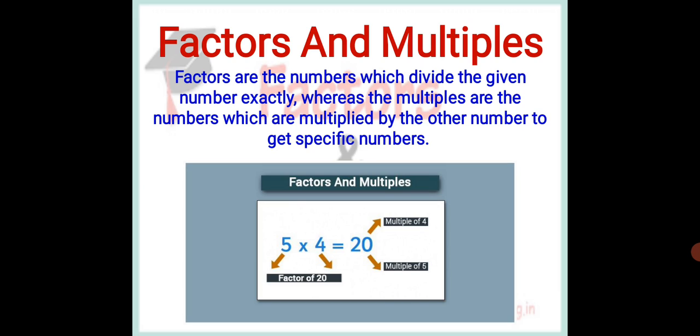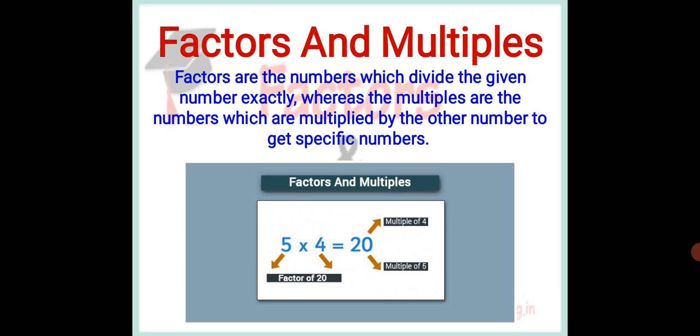Factors are the numbers which divide the given number exactly, whereas the multiples are the numbers which are multiplied by the other number to get specific numbers.